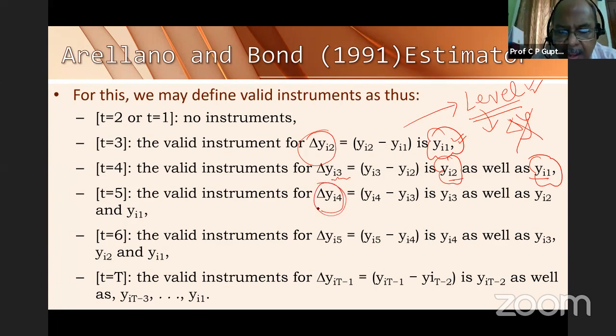For delta yi5, we use three instrumental variables, yi3, yi2, and yi1, like this. So they suggested that that's the way you can identify instrumental variables and you can use them. And if you use them, you will get efficient estimates. Okay.